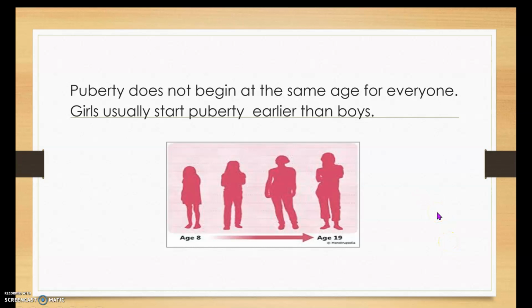Puberty does not begin at the same age for everyone. Girls usually start puberty earlier than boys. Repeat after me. Puberty does not begin at the same age for everyone.